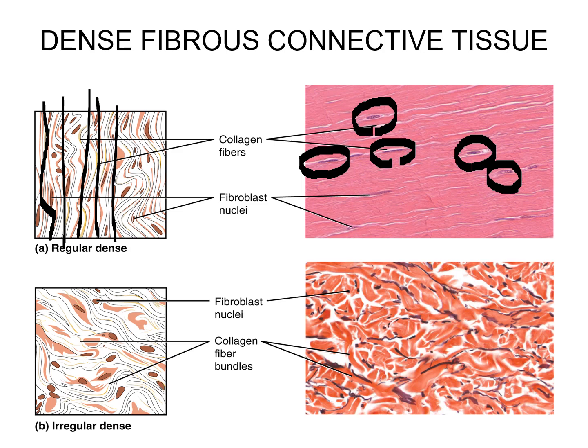And we're going to see a lot of dense irregular tissue in your skin. Underneath your epidermis, or your outside layer of your skin, is a lot of this dense irregular tissue. Because your skin can be pulled in multiple directions, right? The muscles underneath it can move in multiple directions. I can gain weight or lose weight, and that has to change my skin.